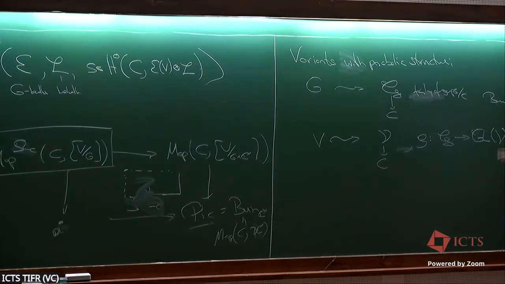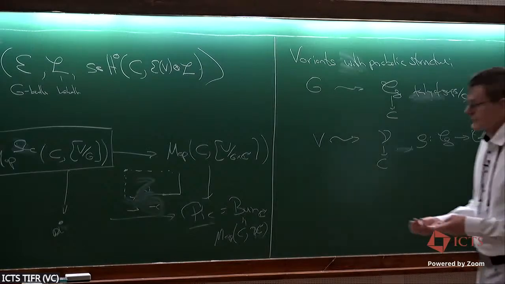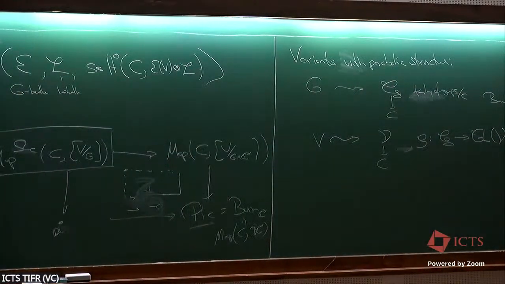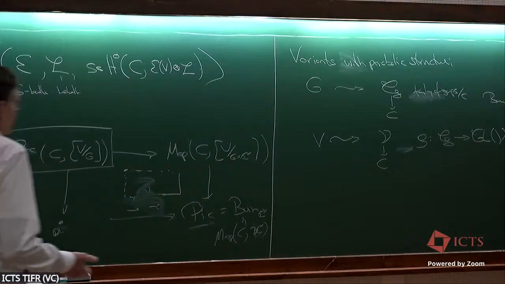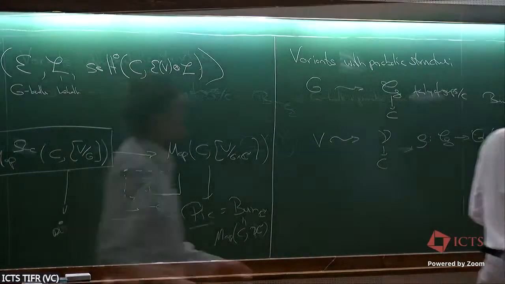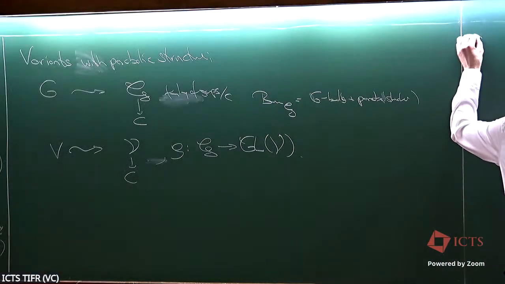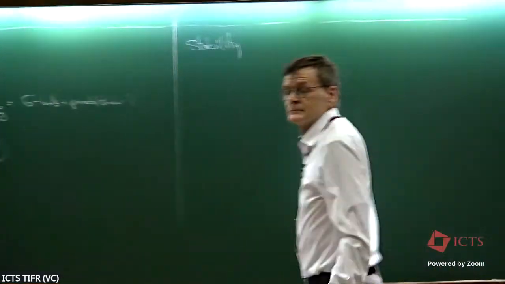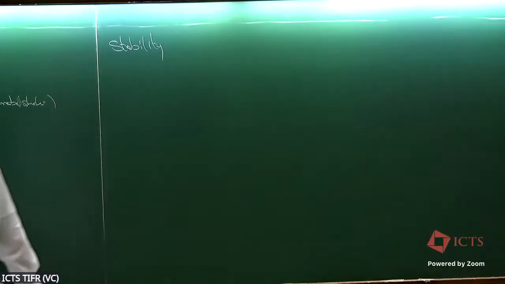Okay, and then you can do the same thing. So what's next? Next thing is I have to, maybe you all know stability, but we all think of stability in different ways, I presume. Yes.